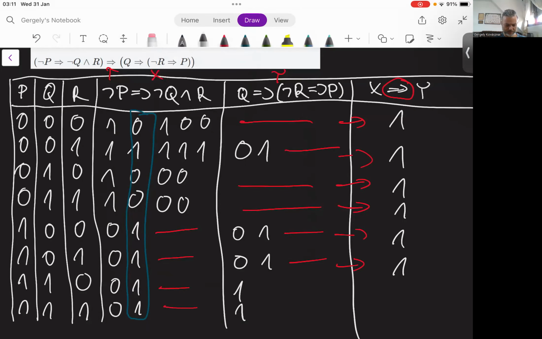Okay, so not R evaluates to 1 in this case. In this case, it evaluates to 0. In the very last interpretation, this 0 here makes the embedded implication, not R implies P, evaluate to 1.